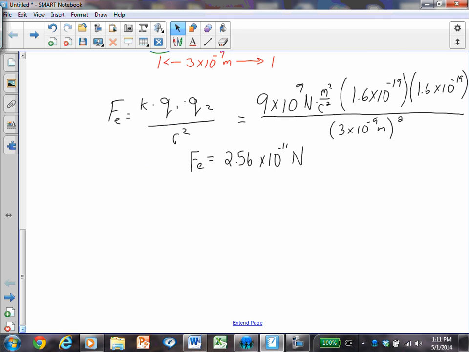How about gravitationally? Well, a proton's a lot more massive than an electron, and they have opposite charges, meaning that they're attracted towards each other.